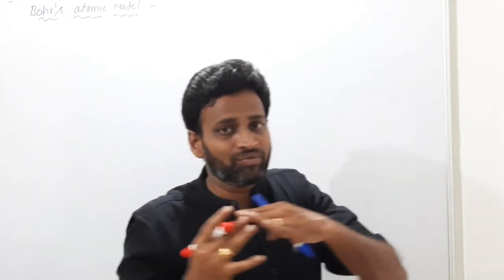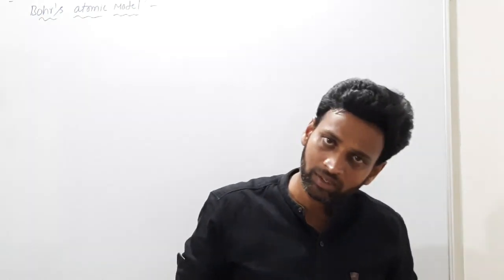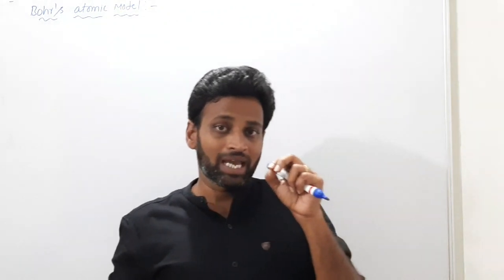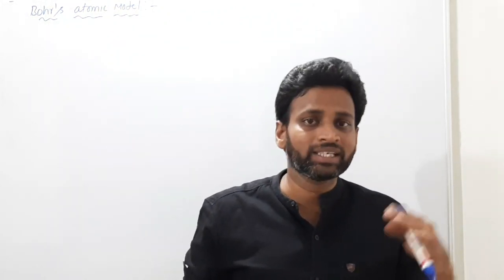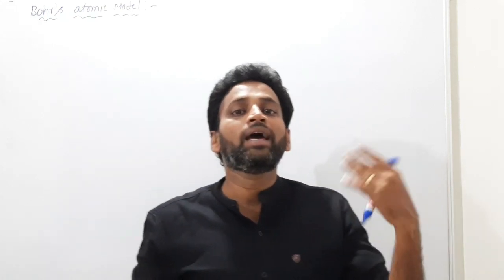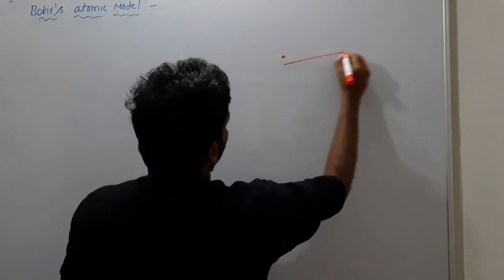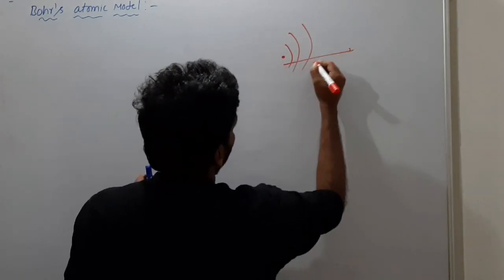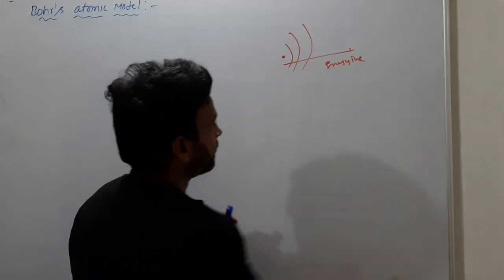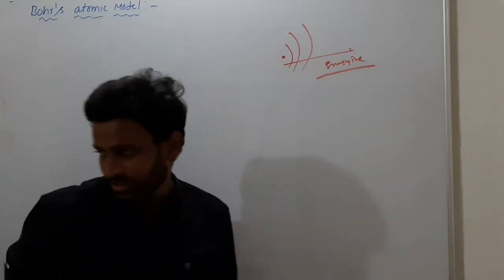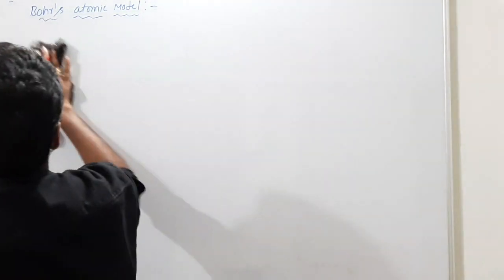As you go away from the nucleus, the energy of the orbit increases. Is the K shell more energetic or the L shell? The L shell is more energetic. So as you go away from the nucleus, energy increases. These are all very, very important.